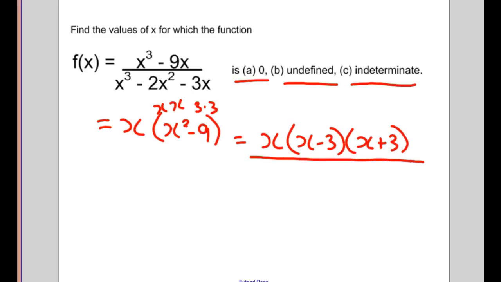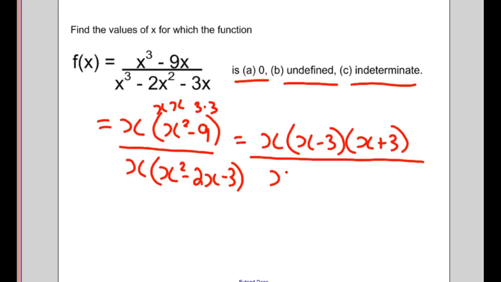In the bottom I can take a common x out, and I'm left with x squared minus 2x minus 3, which I can factor because that's a trinomial. I'm going to look for what multiplies to minus 3 but adds to minus 2, and that is minus 3 and a positive 1.